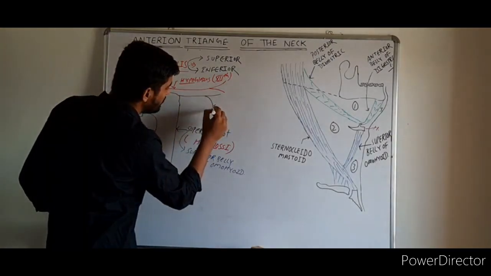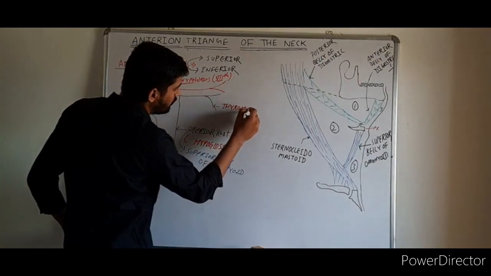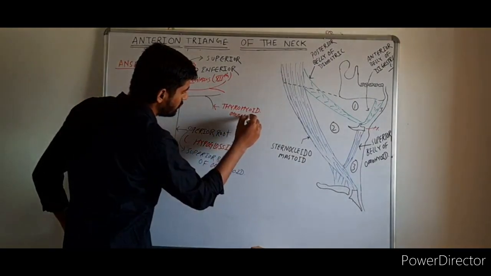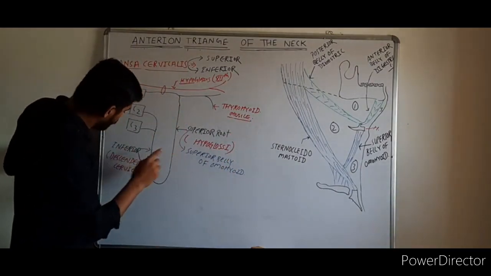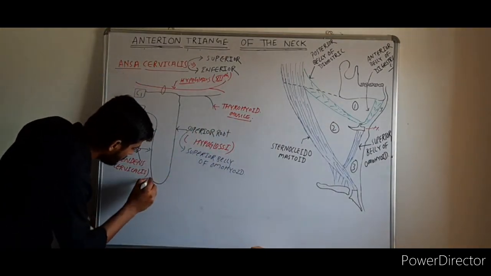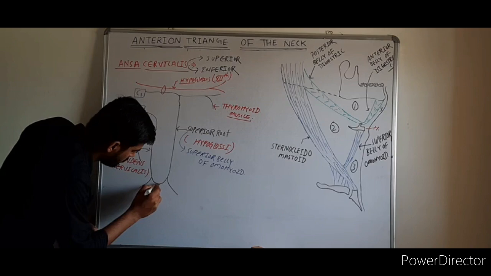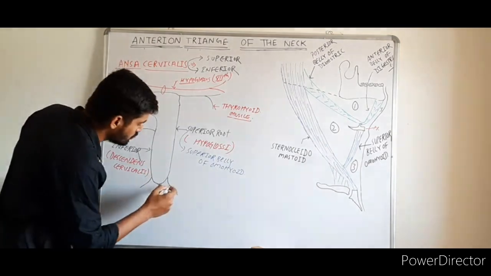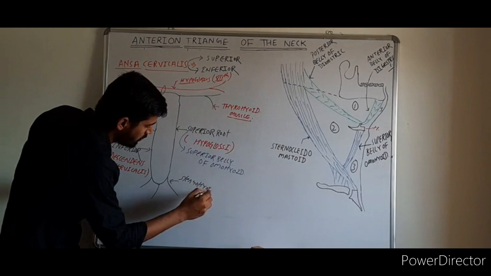Here, this nerve is supplying the thyrohyoid muscle. Now, the inferior root supplies all except only the thyrohyoid muscle. So it will supply here. The muscle between sternum and hyoid is called sternohyoid. So this is for sternohyoid.